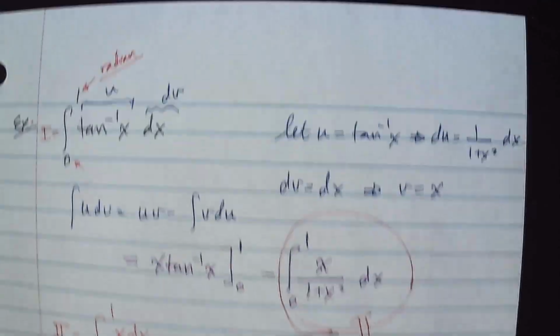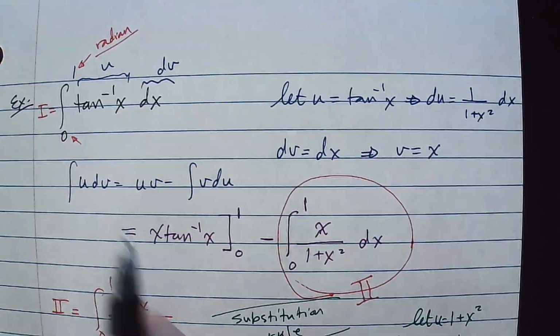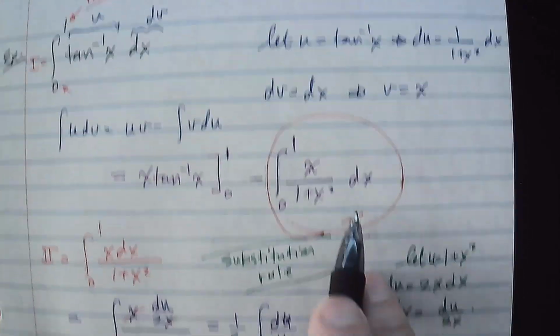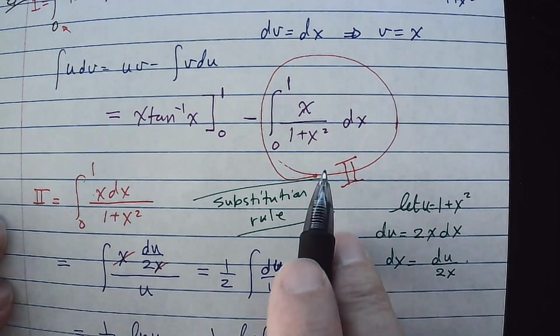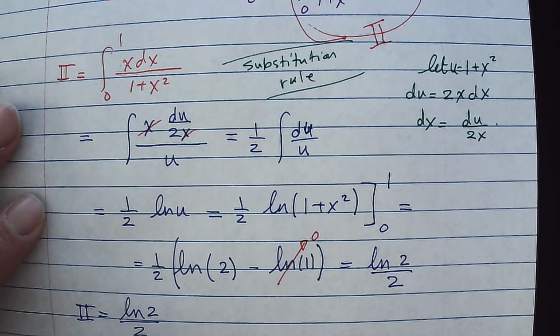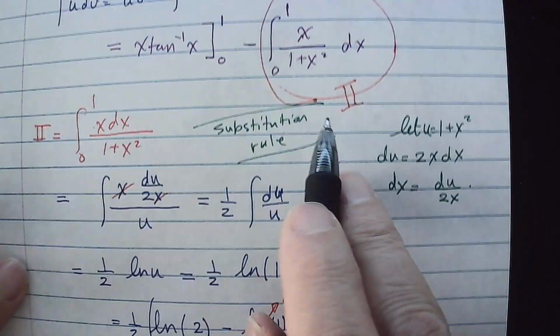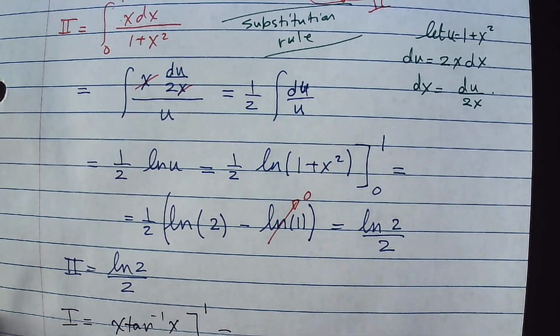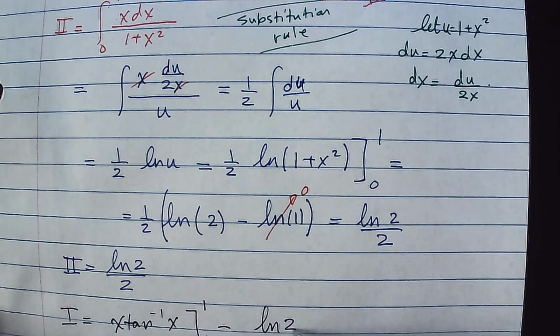Back to the original integral now, which is 1, which we agree that it is x tan inverse x from 0 to 1 minus this number 2. I can put this then the 1 as x tan inverse x from 0 to 1 minus the 2 here. I have its value ready, which is ln 2 over 2.